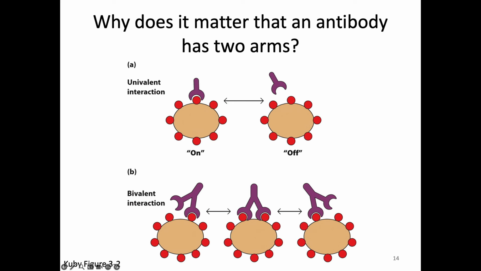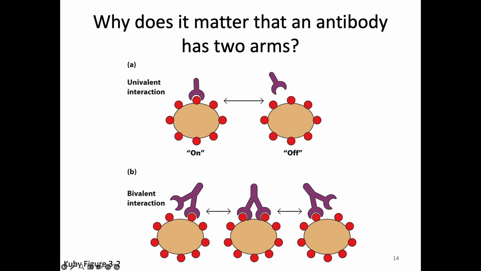One of the reasons why that is important is that it actually changes some details of what the biochemical interaction between the antigen and the antibody looks like. Oftentimes, biochemists think about on rate and off rate, how quickly two proteins interact and how quickly they come apart. We call that affinity.